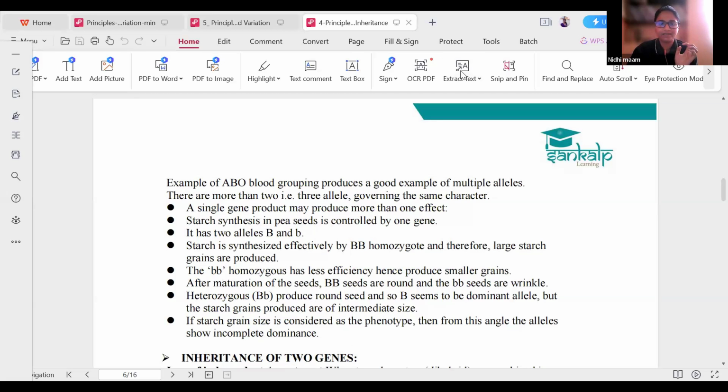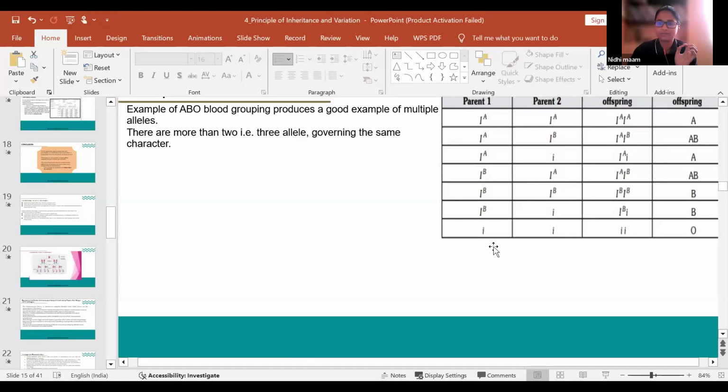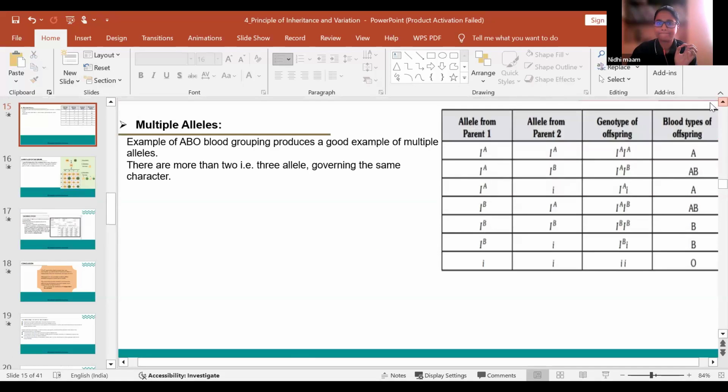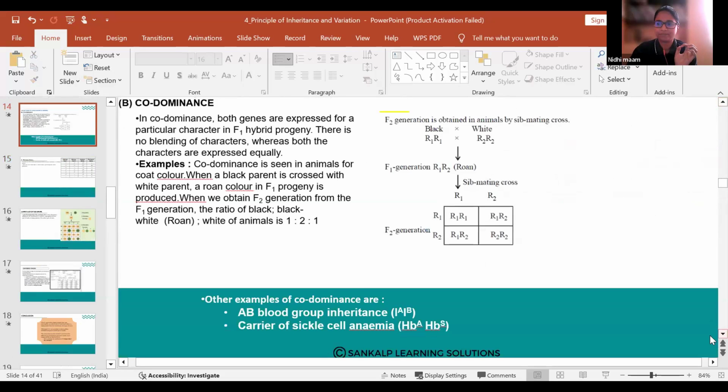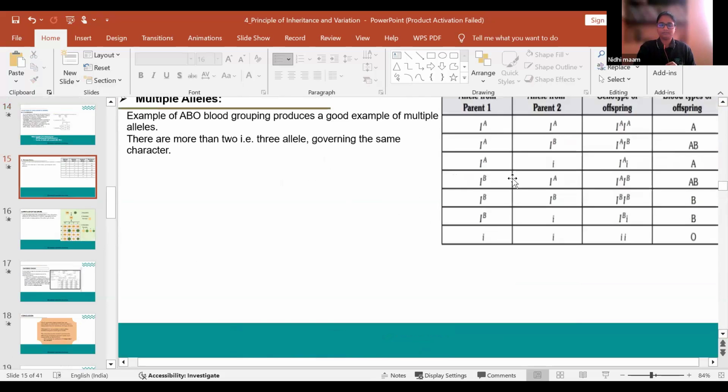Now let me ask the questions. So today we discussed two exceptions to Mendel's laws.